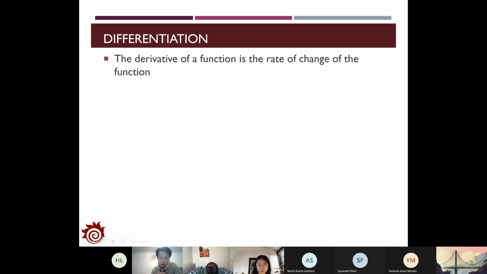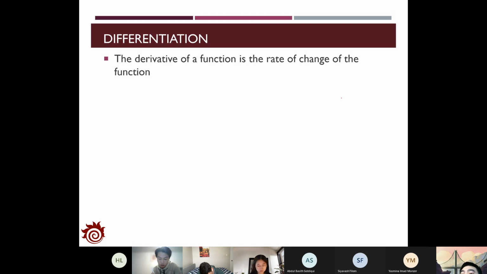So for the calculus, one of the key components is the derivative of the function. The derivative of the function represents the rate of change of the function. It means that if we have small changes in x direction, what's the rate of change in the y direction? If we draw everything in the coordinates, the derivative will usually represent the slope of the tangent line at the point.